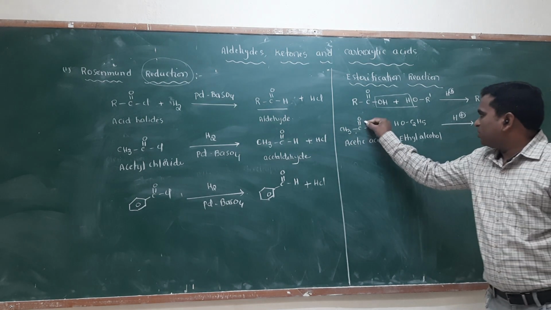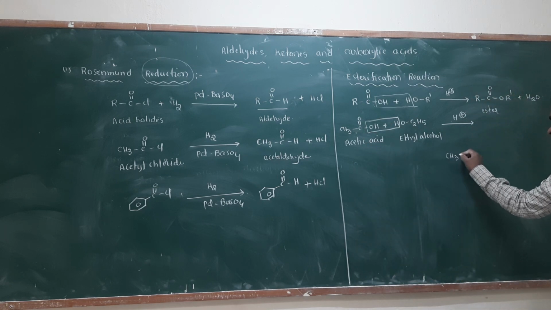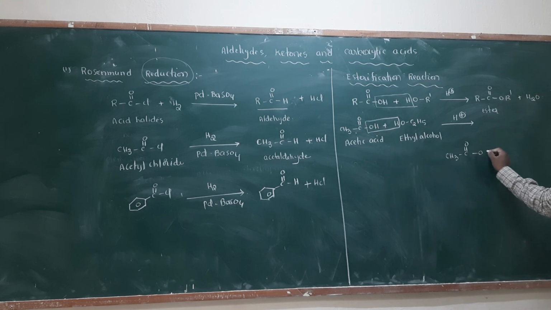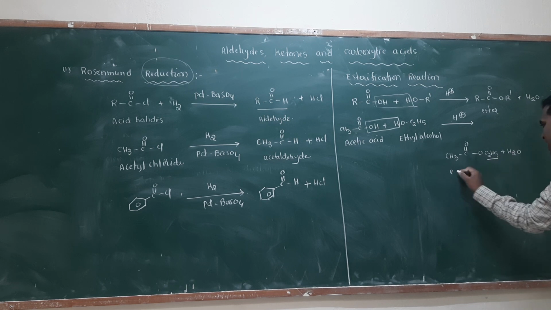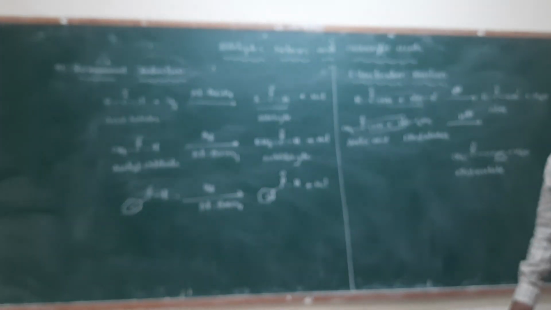Then what do we have to do? Remove the water. Write the product. CH3, C double bond O, combine this O and C2H5, plus H2O. This we will call ethyl acetate. This we will call the esterification reaction.